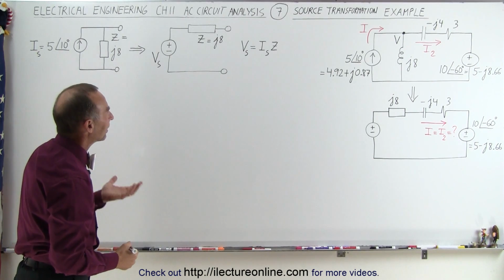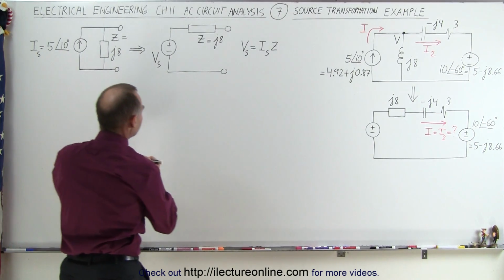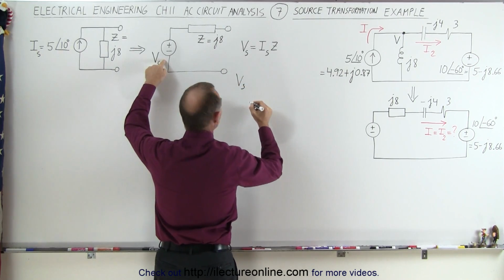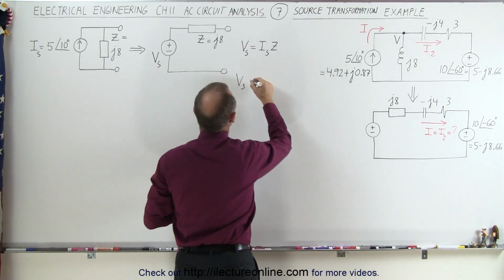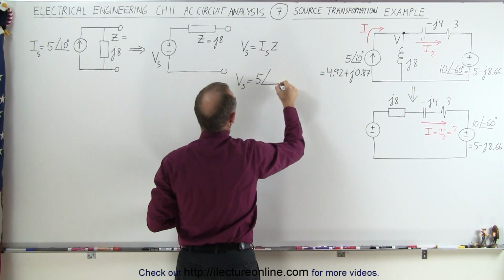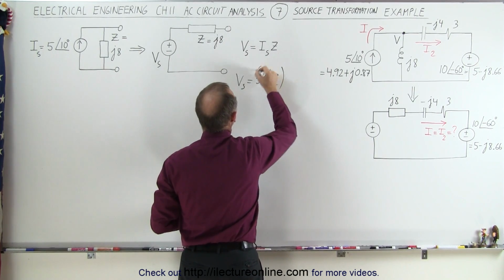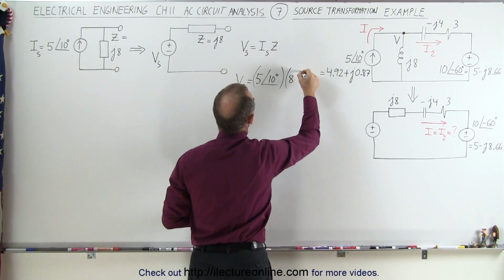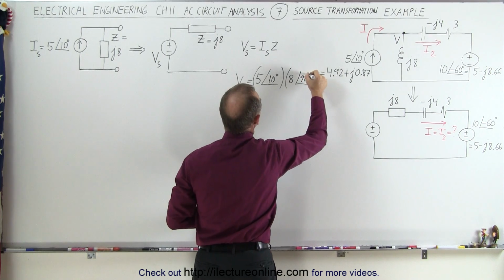Starting out with calculating the voltage, the voltage of the source that goes in here is equal to the current, which is 5 amps with a phase angle of 10 degrees, multiplied by Z, which is a magnitude of 8 with a phase angle of 90 degrees.